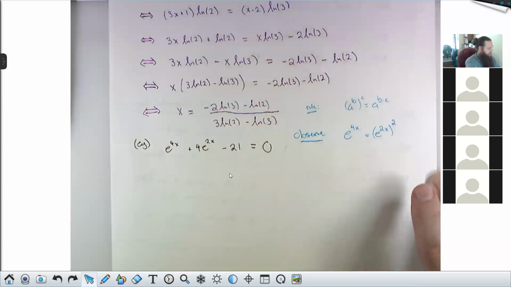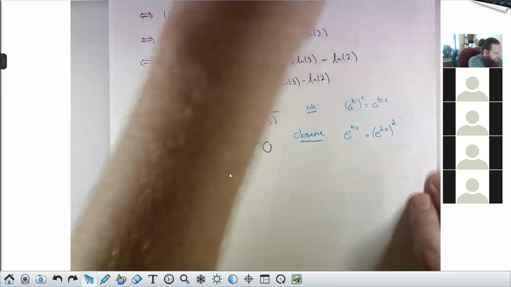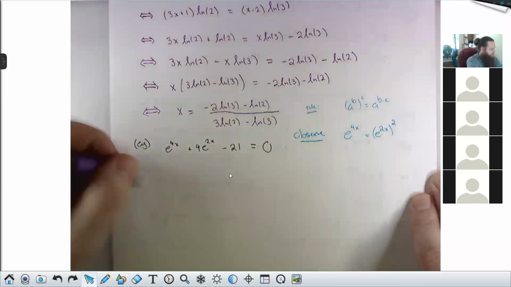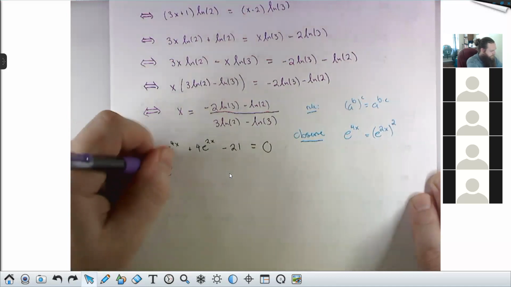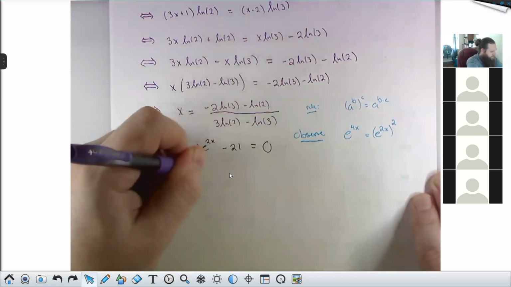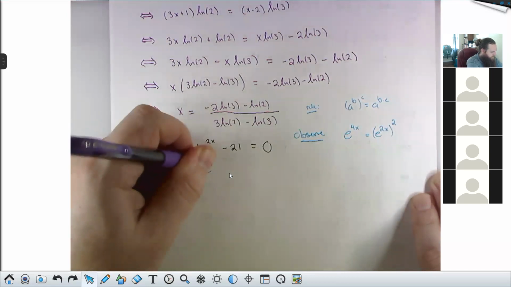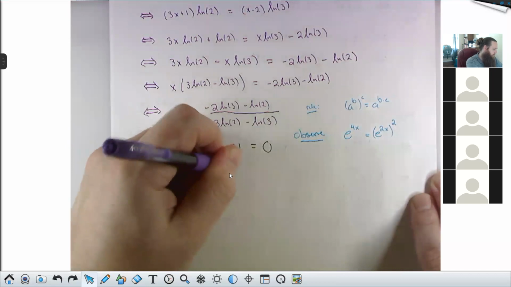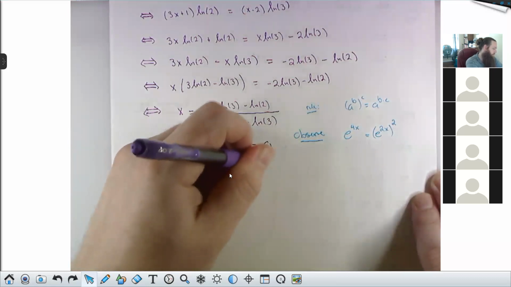So I can rewrite my original equation as e to the 2x squared plus 4 e to the 2x minus 21 equals 0.